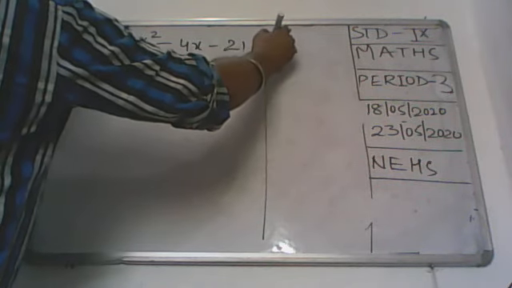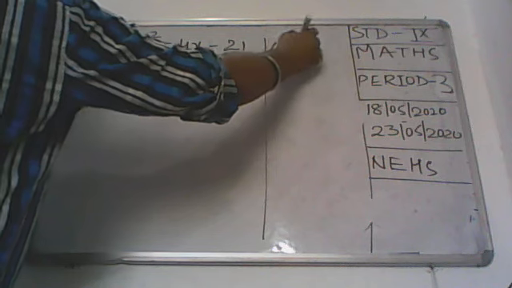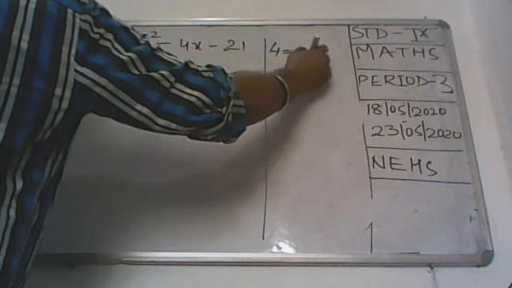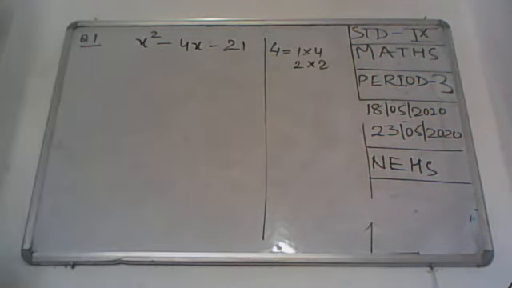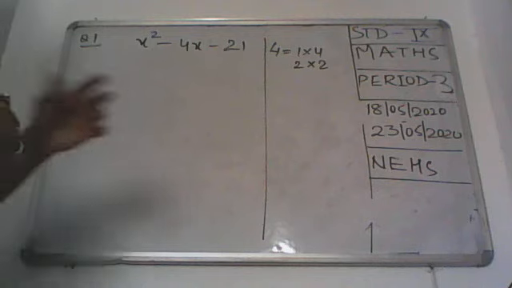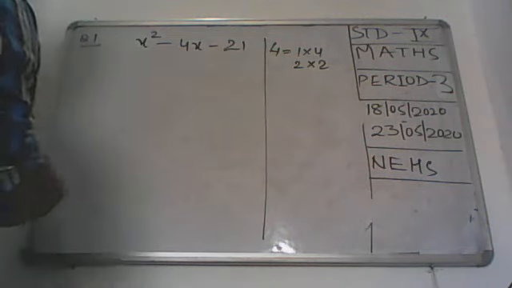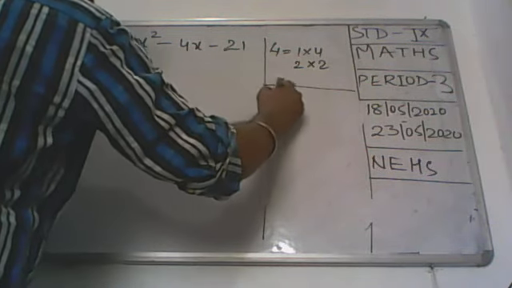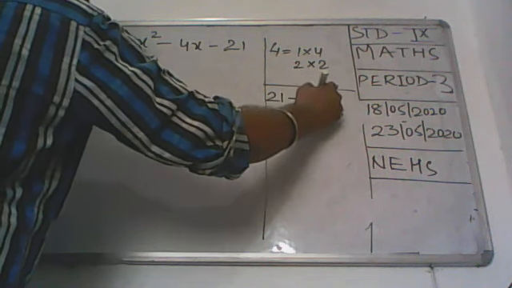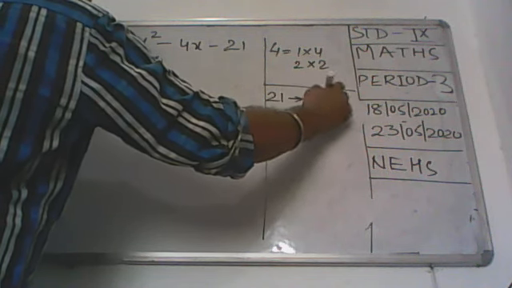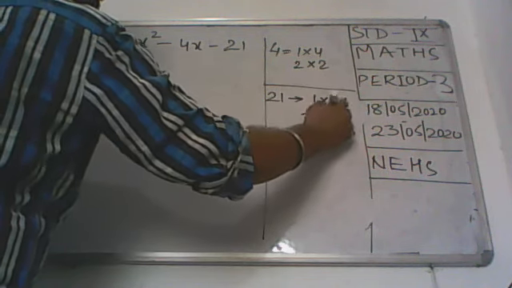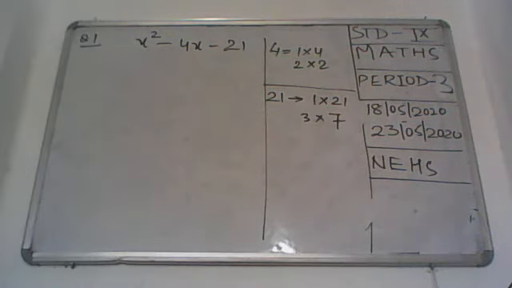So 4, I can write as 1 into 4, 2 into 2. No problem. Now 21 is also there. 21 I can write as 1 into 21, 3 into 7. Sir has told to split the middle term.